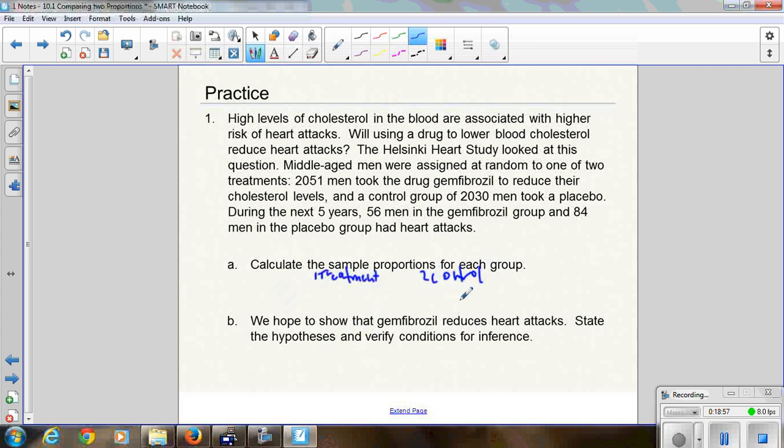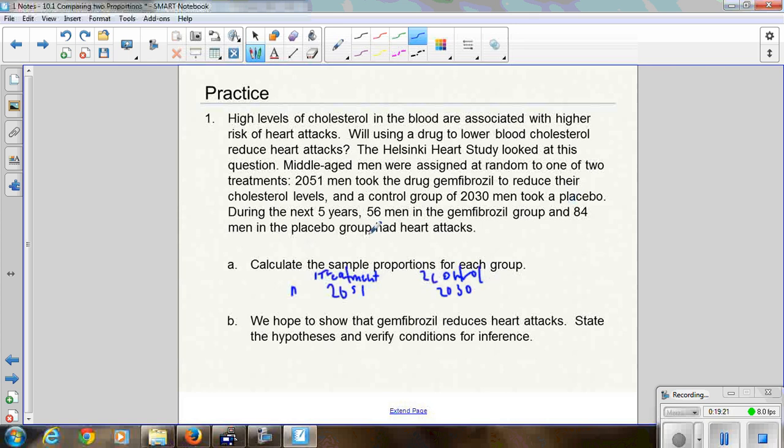I'm going to first write my sample sizes, just so I can keep all my information organized. So 2,051 took gemfibrozil, and 2,030 took the placebo.